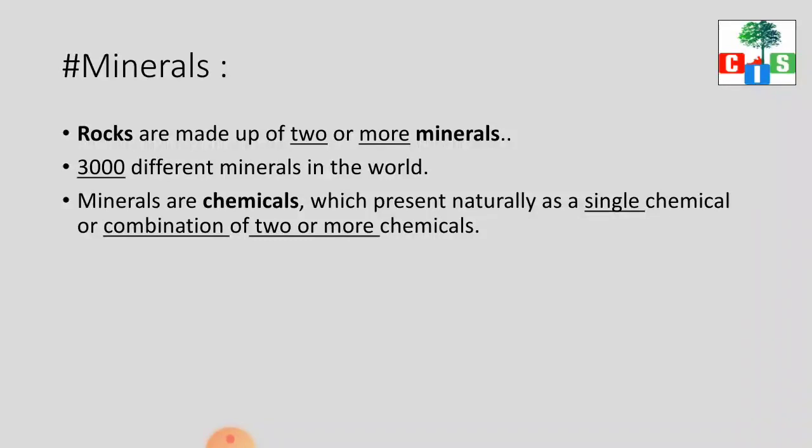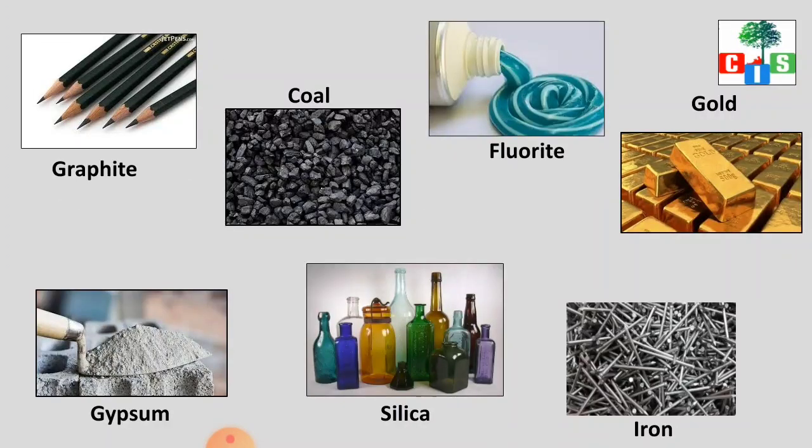Minerals are chemicals which are present naturally as a single chemical or as a combination of 2 or more chemicals. These minerals are used for different things in our day-to-day life. Now let's see what are the examples of these minerals and what are their uses.